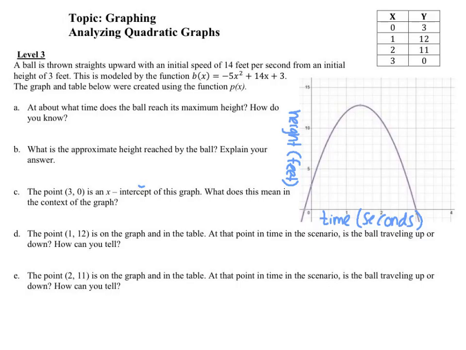Question A. At what time does the ball reach its maximum height? And how do you know? Well, the maximum height is going to be right here. So to figure out what time that is, I'm going to come down here to the time axis, and I'm going to say that's about 1.5 seconds.